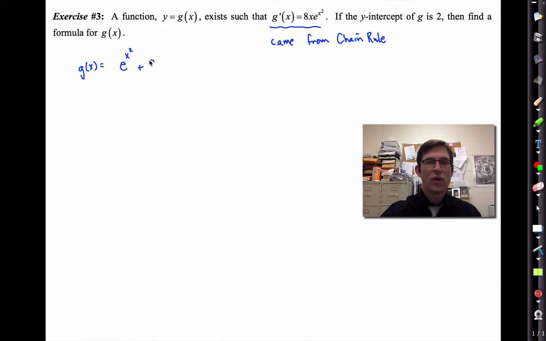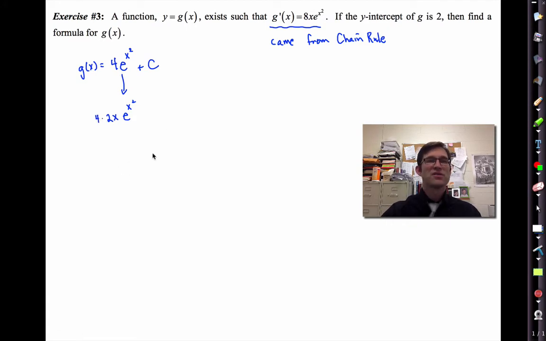I shouldn't say there's no way, but it's very unlikely. So that's going to be my initial guess. Then I'm going to take its derivative. The derivative of e to the whatever is e to the whatever, but then I'll have to multiply by 2x. So do the comparison. Everything looks good except for the 2. That's a good thing. So I just need a 4 there to turn that thing into an 8.